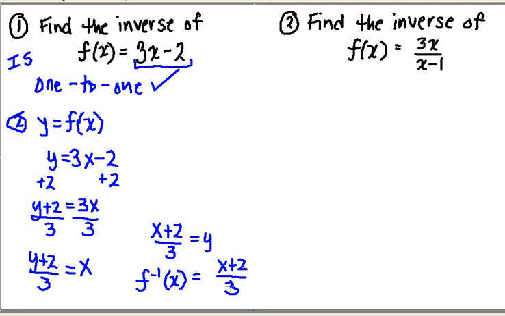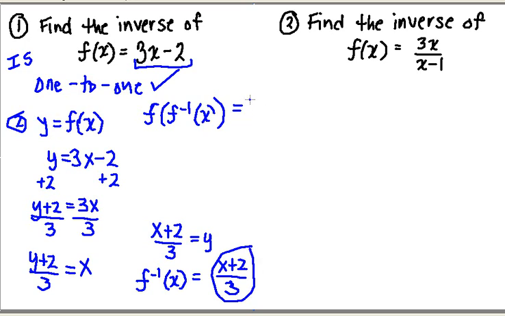Alright, and now if I take the composition of f of f inverse of x, in other words, if I plug my inverse function into f, I should end up with x. So I'm going to go to my f function. Wherever I have an x, I'm going to plug in f inverse of x, or this whole thing here.